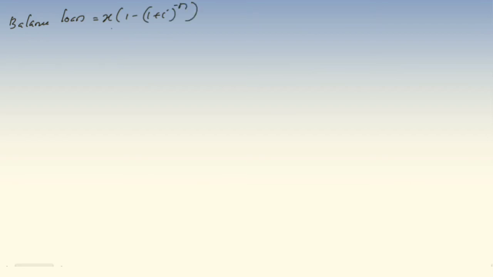We can do this question using the present value formula, and we can do the very same question using the future value formula also. So I will show you both. Okay, let me start with the present value formula. That is PV, balance loan, is equal to x times 1 minus 1 plus i to the power minus n divided by i.